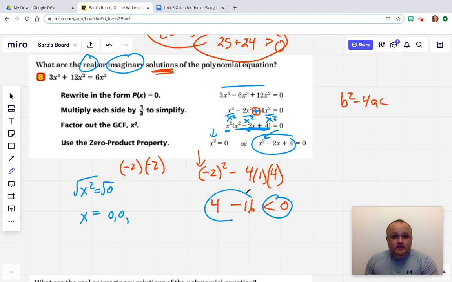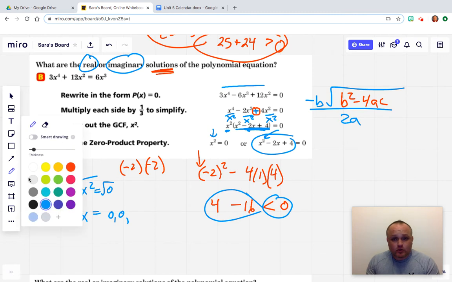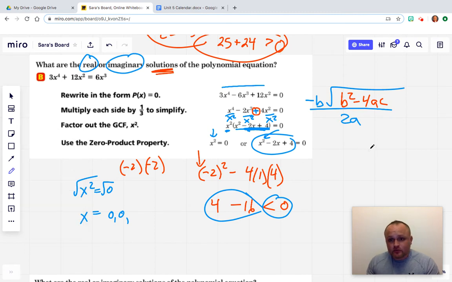So this is negative, what, 12? If I were to do the quadratic formula, and this is why it's helpful to do the discriminant test, we know this red piece right here, we already solved it. It's a negative 12. The rest of this would be negative b, so negative b plus or minus the square root all over 2 times 1, which is a. Now this will become a positive 4.